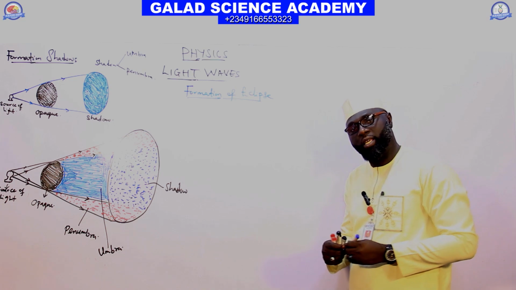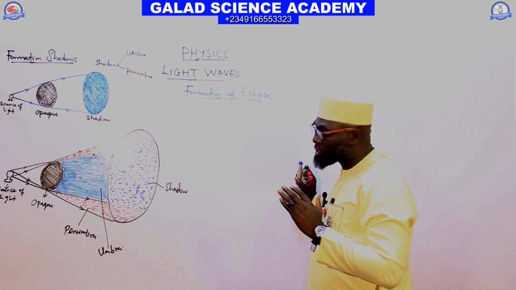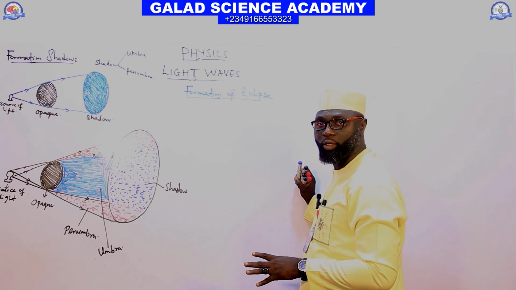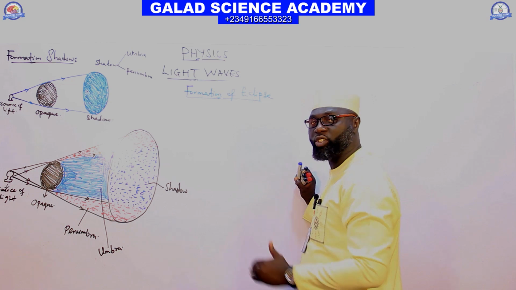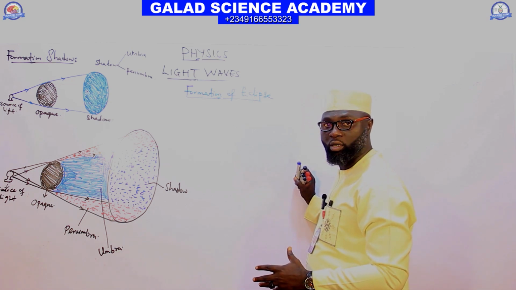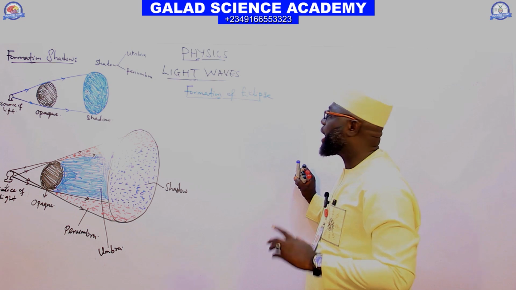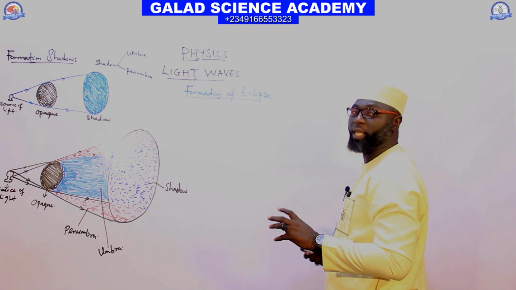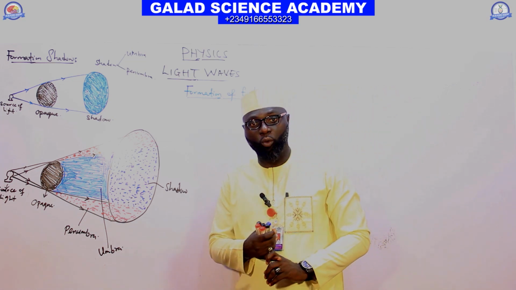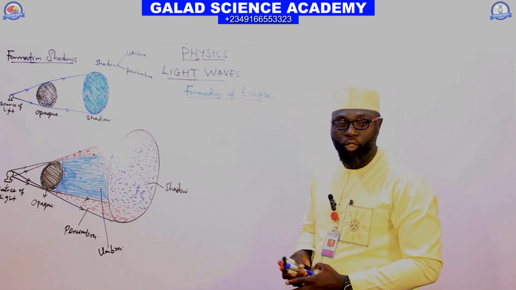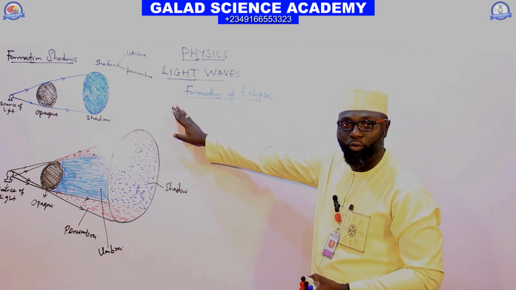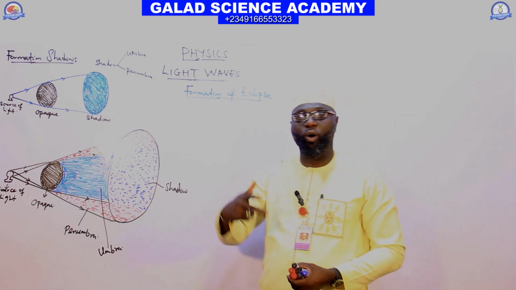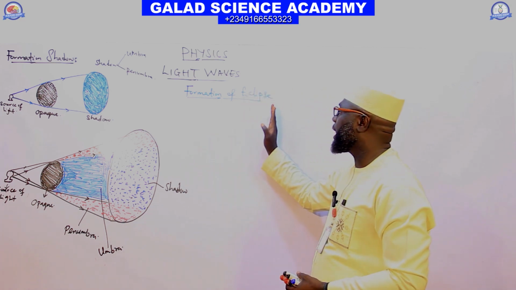Eclipse is the total or partial blockage of a planetary luminous source by other objects, like what? Earth and moon. The partial or total blockage of the sun by the moon or earth is called eclipse.